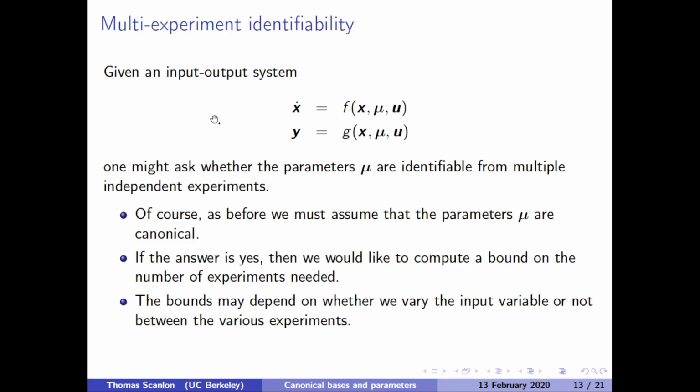And I'll just say that the bound that we end up computing will depend on how you think about this problem. So whether you treat the input variables as part of the system or not, whether they change or are fixed, I'm going to ignore those subtleties and mainly deal with the case where there are no input variables, but you're allowed to deal with the case with input variables.